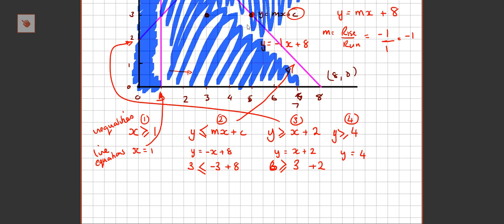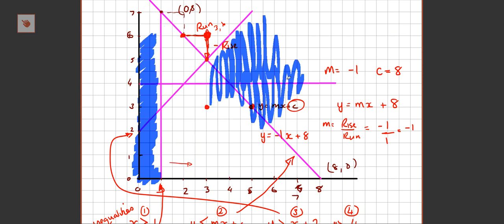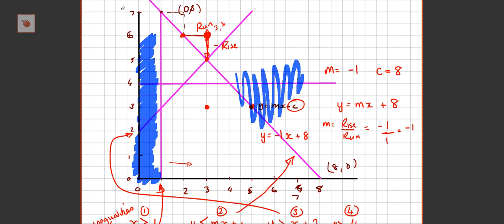I looked at that and thought, that doesn't look right, so I better check. What is minus 3 plus 8? 5. Is 3 less than 5? Yeah, it is. So actually I shaded the wrong side. The bit under this line I should have shaded above the line, shouldn't I? So I should have shaded there.